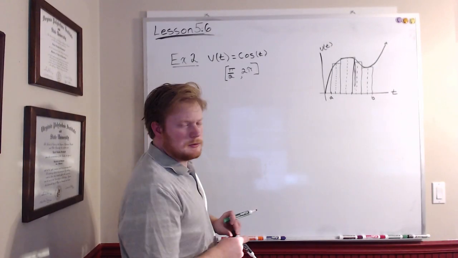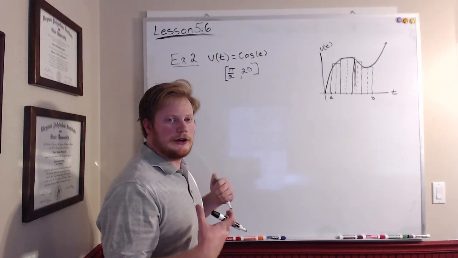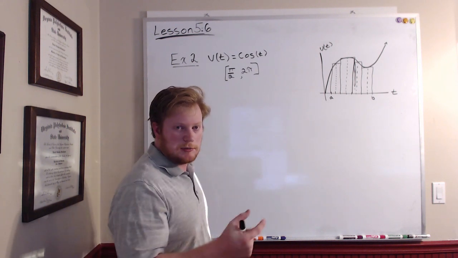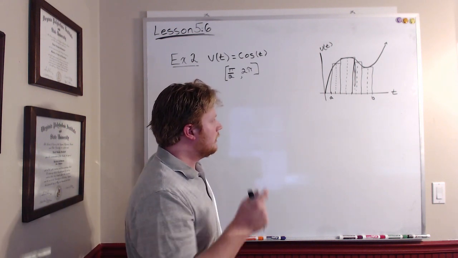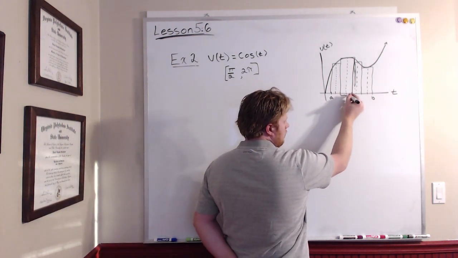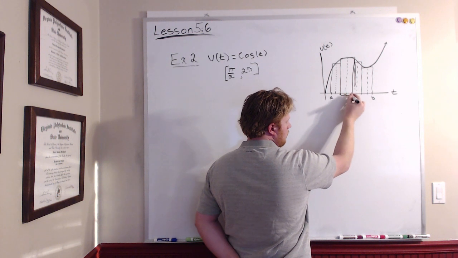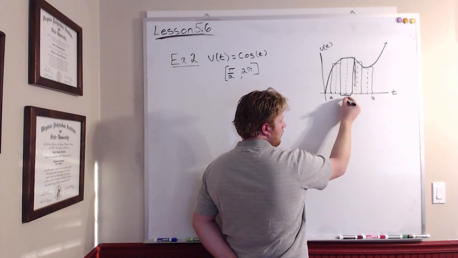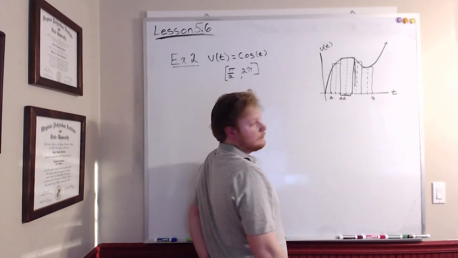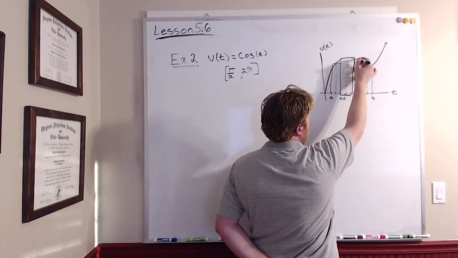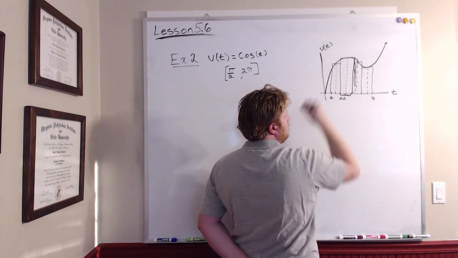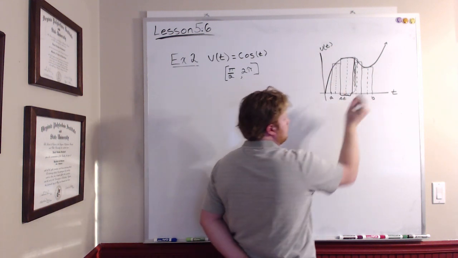Okay, so there's my estimation of the area under the curve, which is represented by this midpoint Riemann sum. The areas of these rectangles have dimensions of dt, and the heights are v of t.